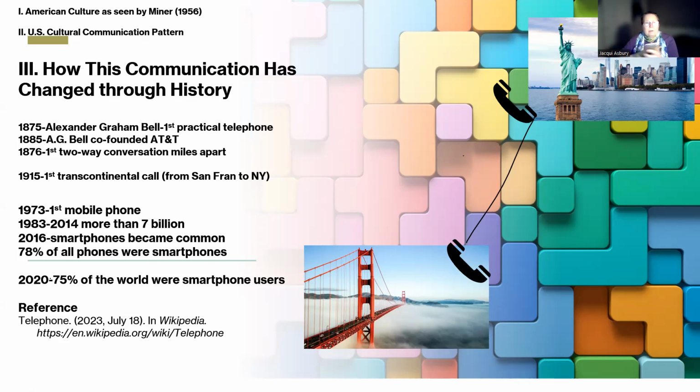In 1973, we had our first mobile phone invented. Then more than 7 billion consumers began using mobile phones from 1983 to 2014. Smartphones became common in 2016. 78% of all phones were smartphones in 2016.